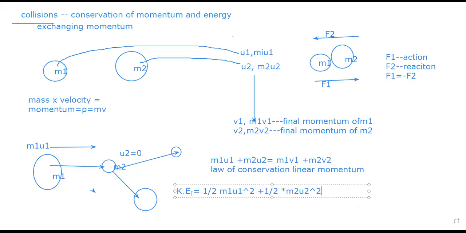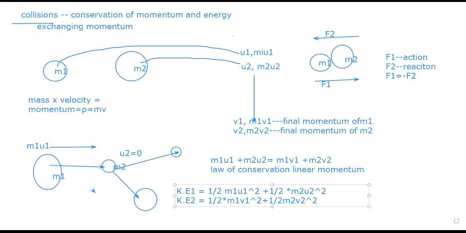This is the initial kinetic energy, which I will write as Ke1. Ke1 is the total initial kinetic energy. And what about the final kinetic energy? I will write Ke2 like this. The final kinetic energy is again half m v square: half m1 v1 square plus 1 by 2 m2 v2 square for the second mass. This is the final kinetic energy.